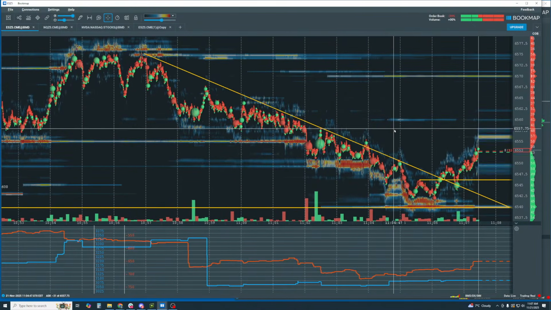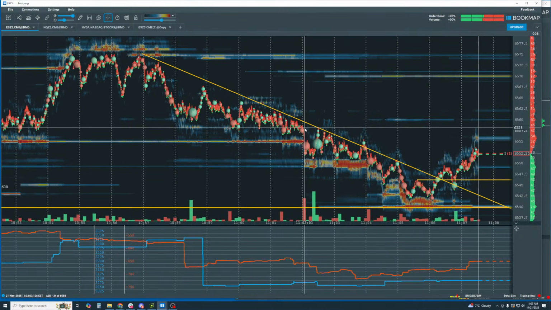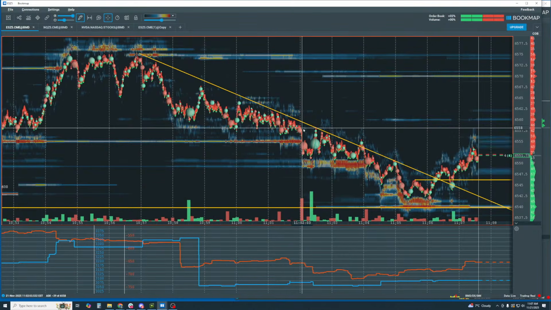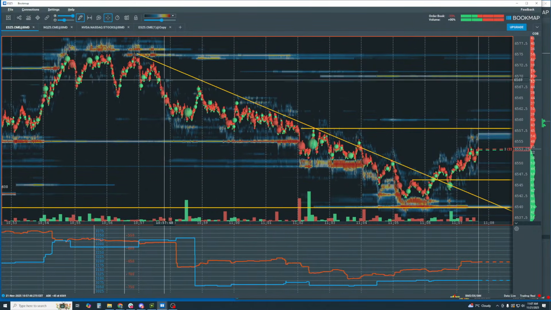Okay, and this would be my first target, would be where this stop run actually took place in this swing here. I just don't have much liquidity up there, but that's what I would look for. The next one would be up in here, and there is liquidity there at 70.